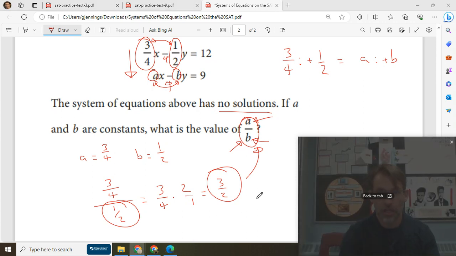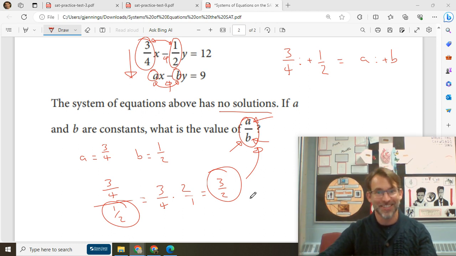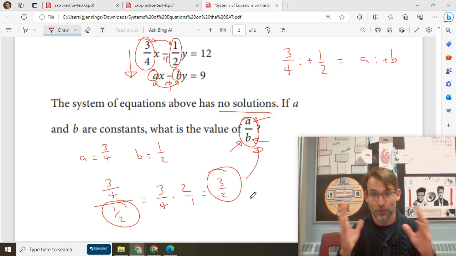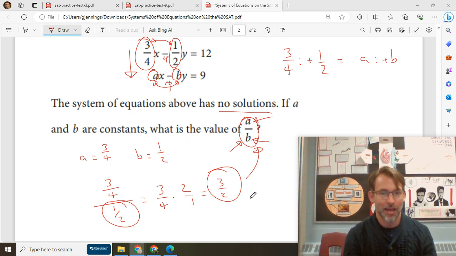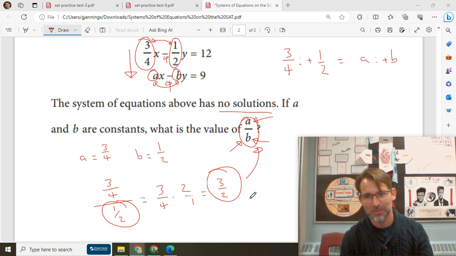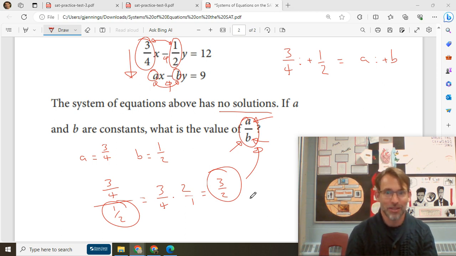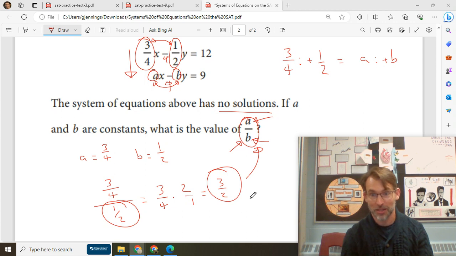I cannot overstate how many linear relations questions you're going to see on the SAT and how valuable it is to really be fluent with these, not only to get the points, but to save time for other challenging questions so that you can pick up your maximum SAT score and really maximize your results on this test, so that you can open all those doors to the universities of your dreams and have the colleges of your choice opening their wallets to you and saying, please come here and take this free scholarship that's going to give you a full ride.